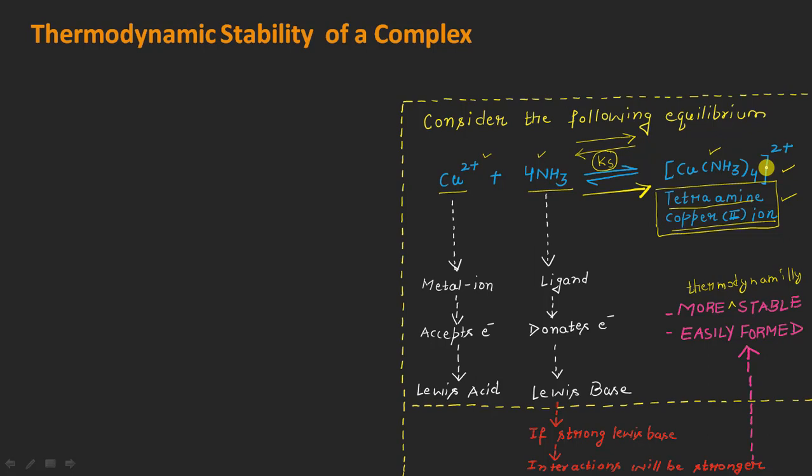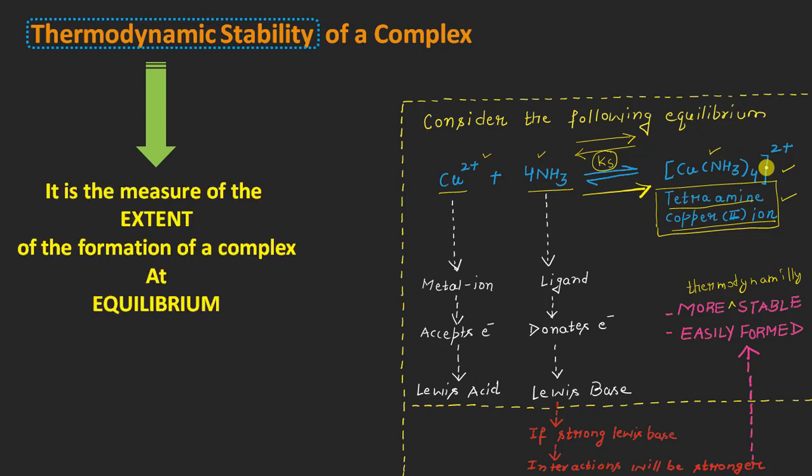So now we can say that the thermodynamic stability of a complex is the measure of the extent of the formation of a complex at equilibrium, right?